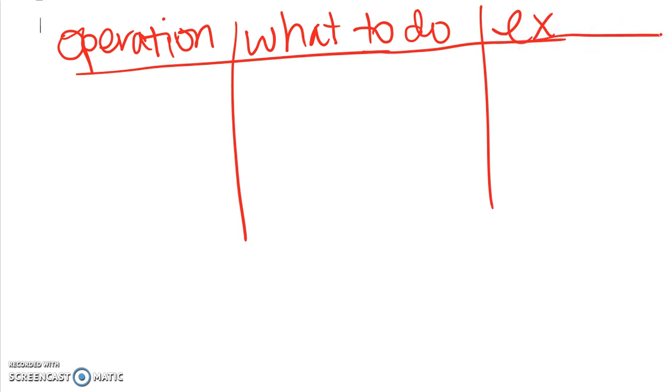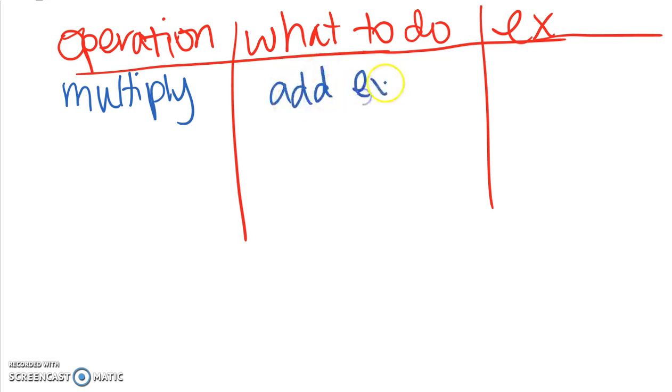So if the operation is to multiply, you add the exponents. For example, x to the fifth times x squared, you just add the exponents 5 plus 2, and so it's x to the 7th.